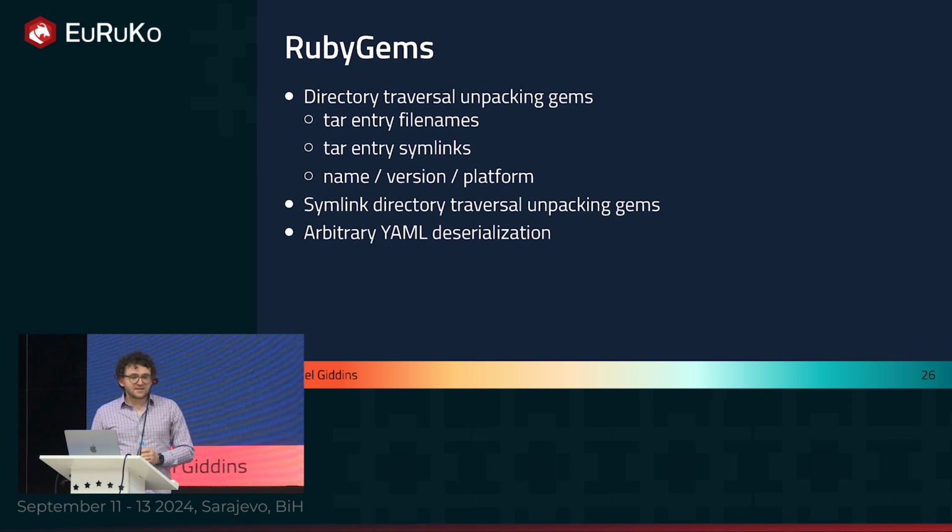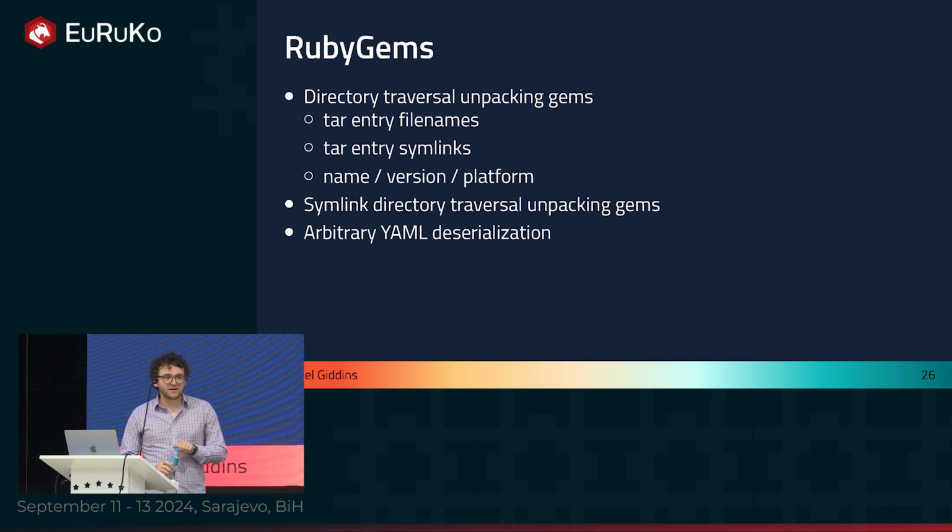Couple of ways that this has happened. We had bad tar entry file names, things like absolute paths or relative paths with .. in them. We had people writing symlinks to outside of the gems directory and then writing through the symlink to overwrite files.